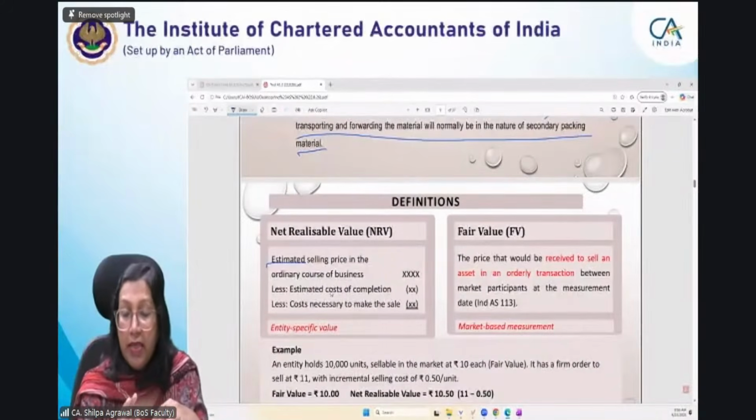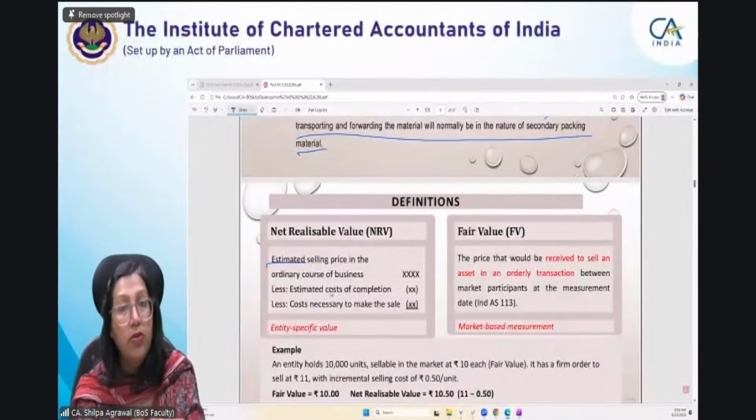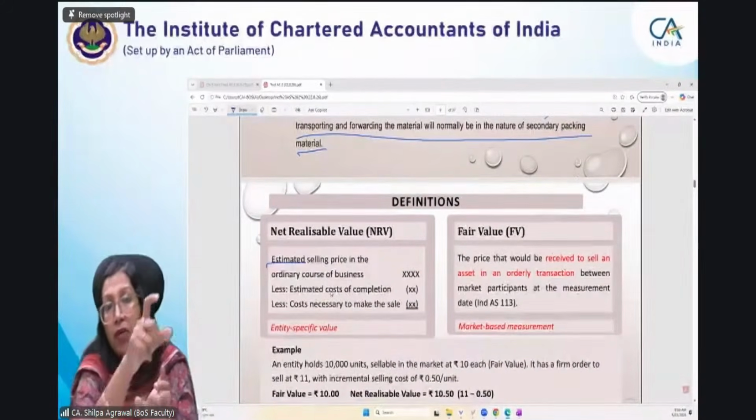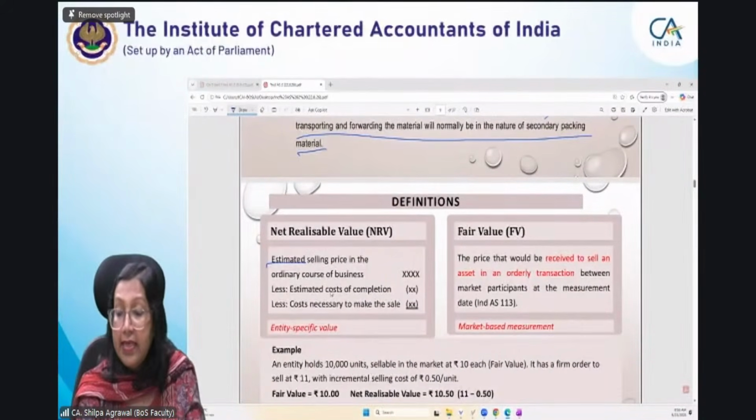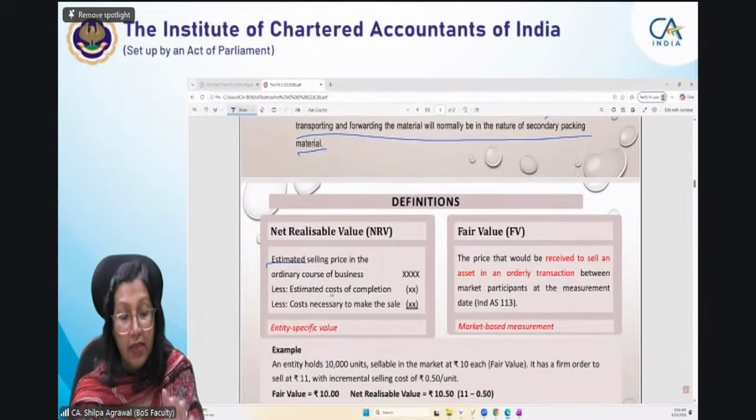So, estimated selling price in the ordinary course of business. Again, this ordinary course of business will continue for the entire standard. Less estimated cost of completion and cost necessary to make the sale.